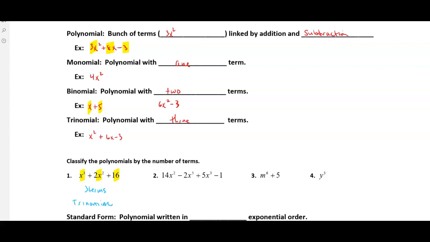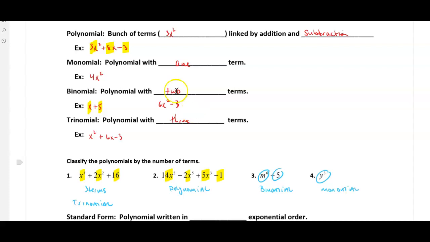The next example, everything's simplified, and if I look, we have 1, 2, 3, 4 terms, and anything over 3, we just call it a polynomial. So this has 4 terms, so it's a polynomial. Example 3, you have 1, 2 terms, therefore it's a binomial. And the last one, there's only one term, so this would be a monomial.